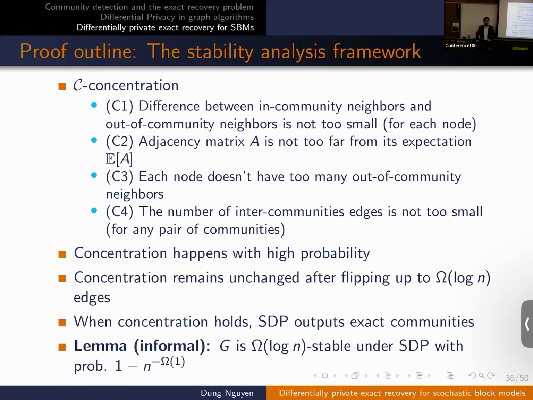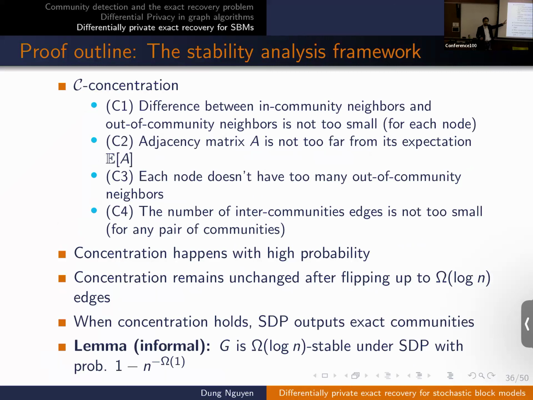In order to prove that graph G is log n stable, we construct a concept called C-concentration. C-concentration is a collection of conditions, like C1 to C4 here. We say that a graph is C-concentrated if it satisfies all these four conditions.